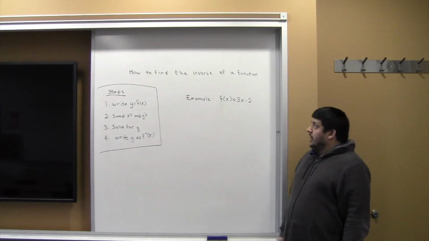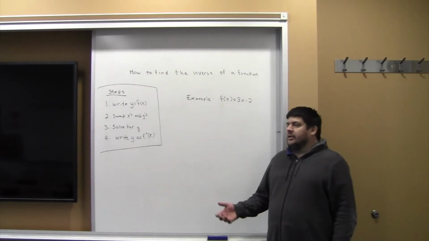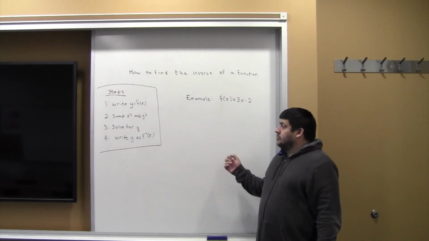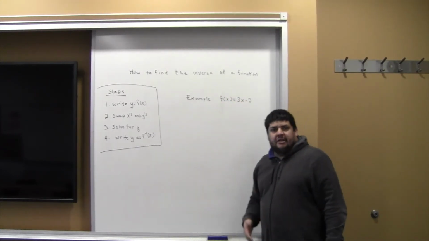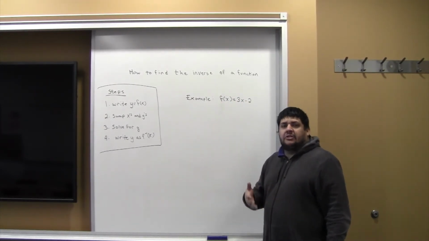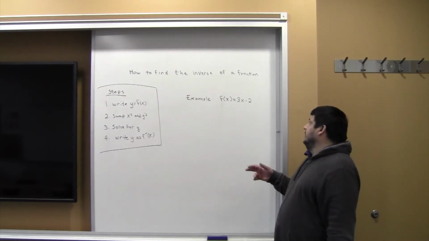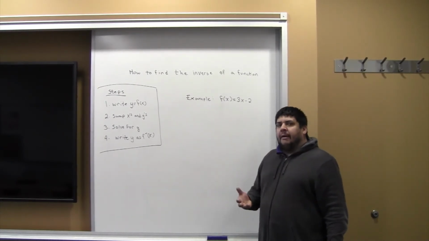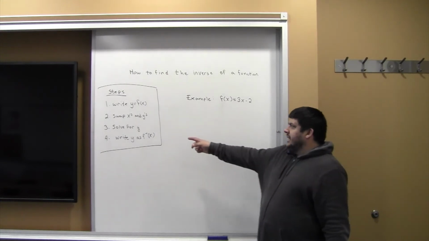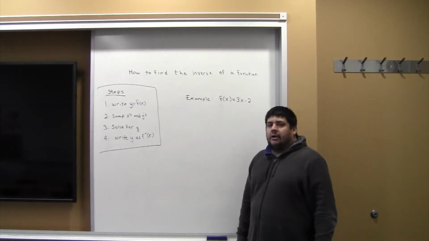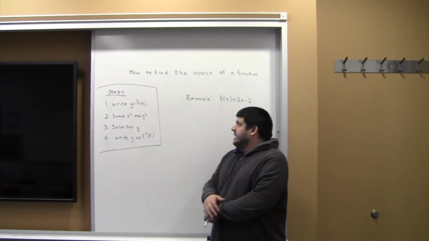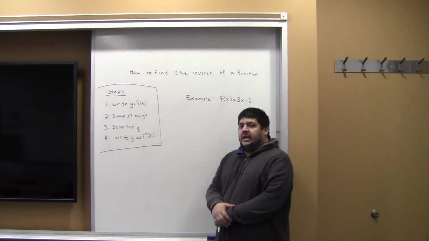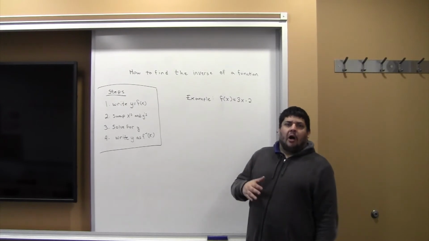Many types of questions that you'll see as a result of this section are going to ask you to find the inverse of different functions. We're going to do 3 examples, but let's first look at the steps required in order to do this. Step 1 is we need to take the function itself and replace f of x with y.